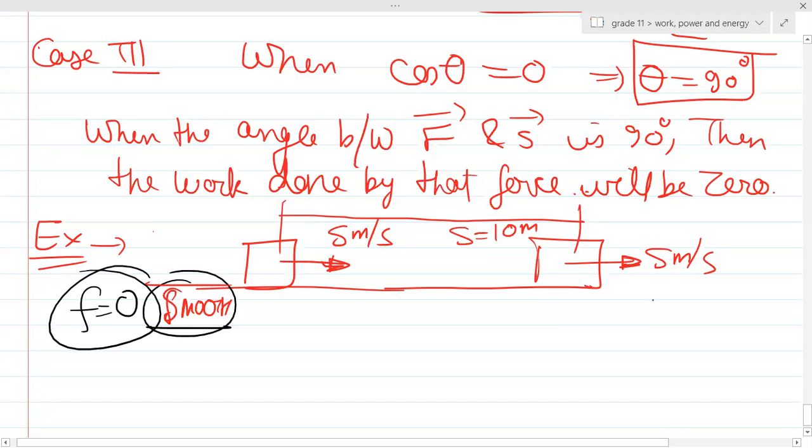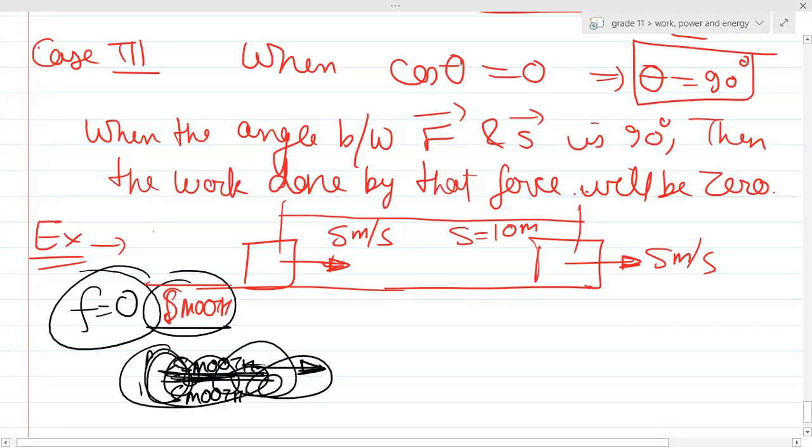How can you assume friction to be zero when it's a smooth surface? And he said there will be a lot of friction in this case. No, beta, a lot of friction happens when this is smooth and this is also smooth, perfectly smooth. When these two surfaces have relative motion between each other, then friction becomes infinite over there. Not here.